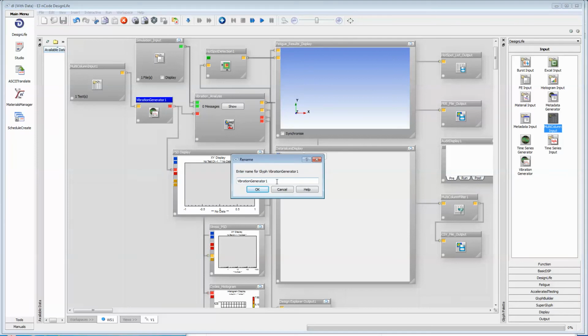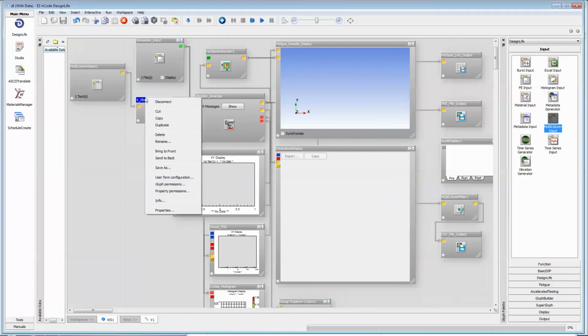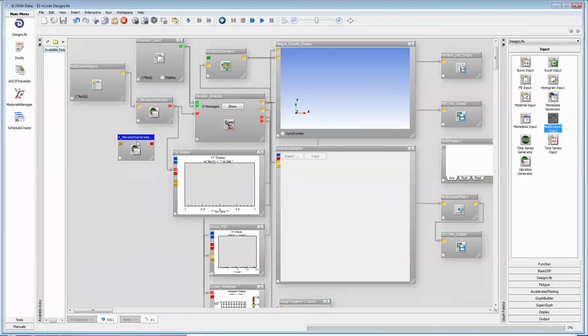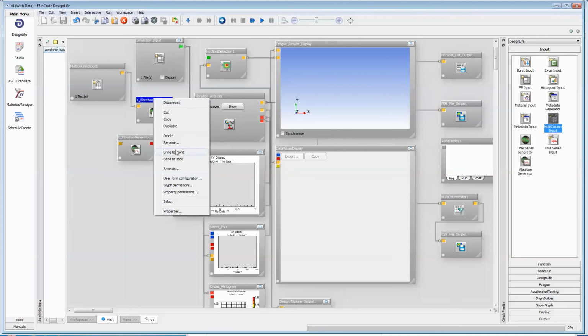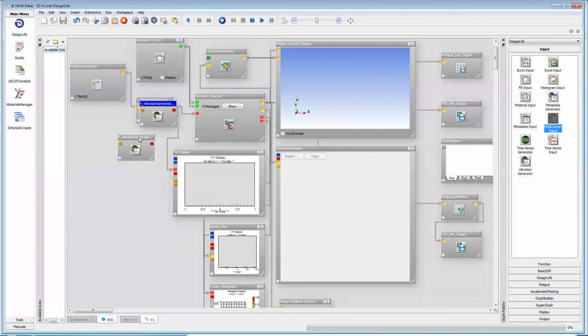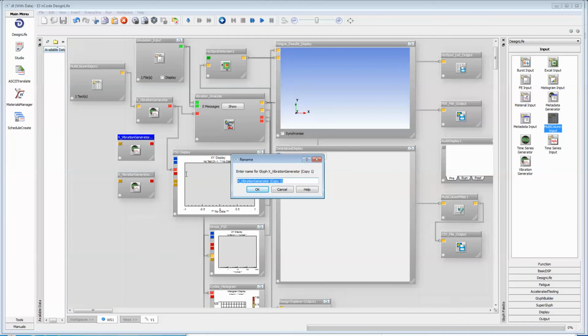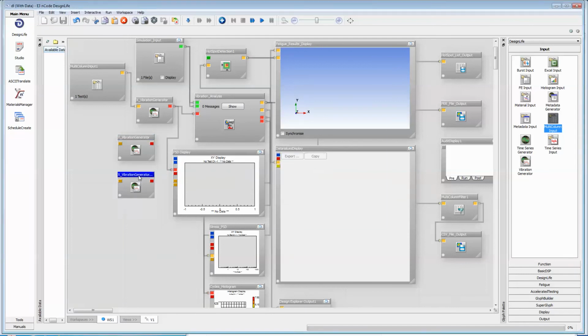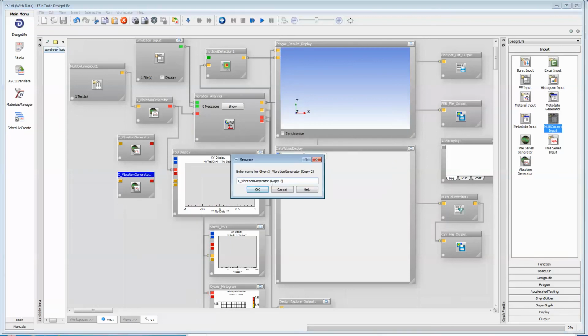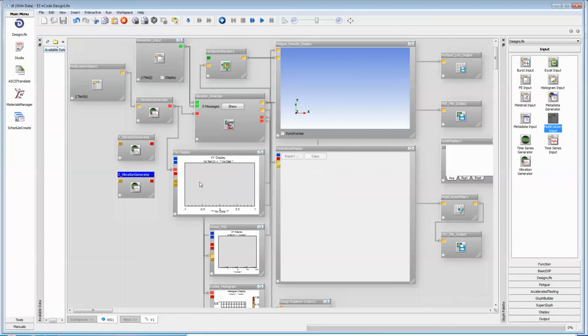Rename this as X vibration generator. Duplicate this 2 times for Y and Z direction. Rename them appropriately, like Y vibration generator and Z vibration generator.